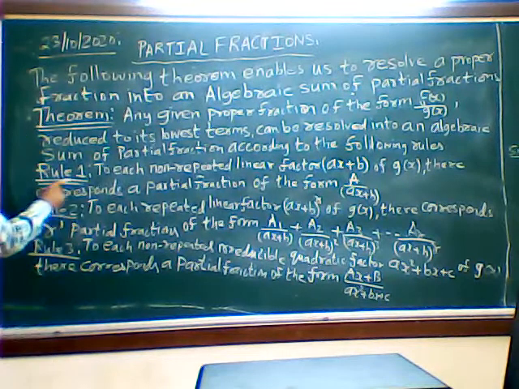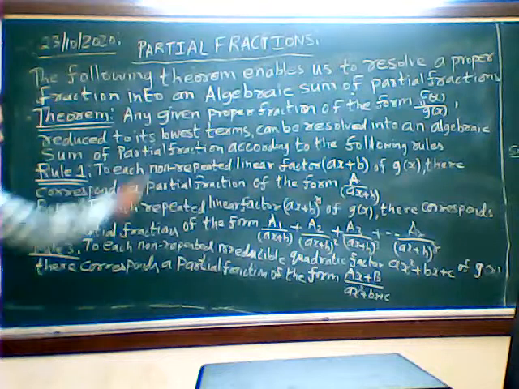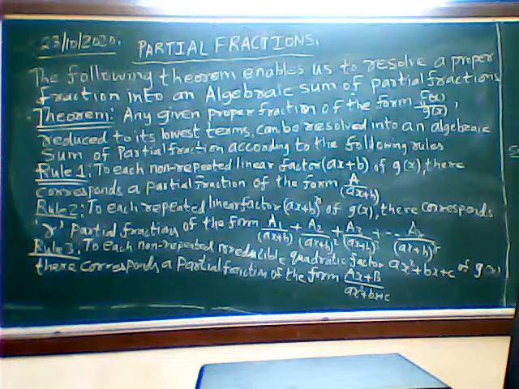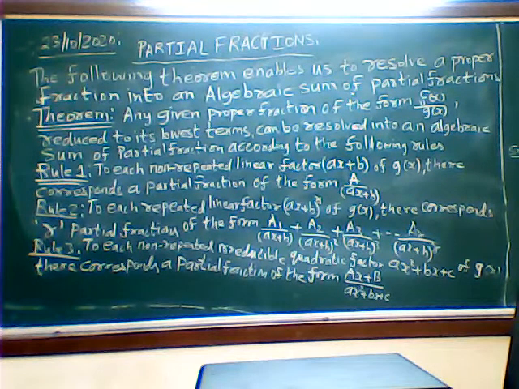Rule number 1: to each non-repeated linear factor ax plus b of g of x, there corresponds a partial fraction of the form A divided by ax plus b.